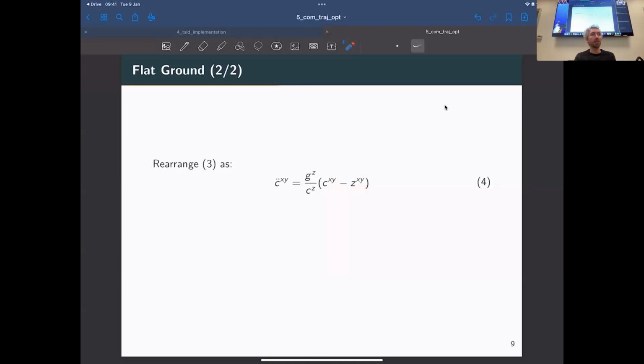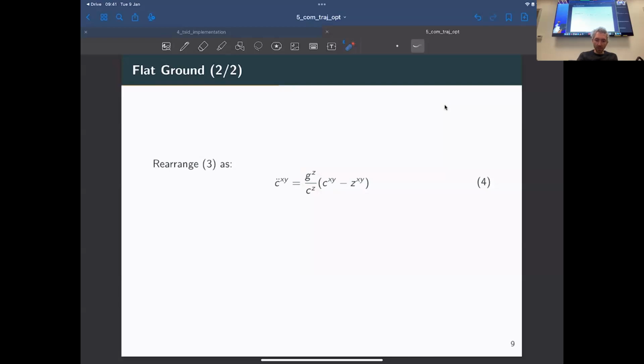So we have a linear dynamical system here, a second order linear dynamical system. This quantity over here is a constant because it's gravity, so 9.81. And this is the height of the center of mass, which we suppose to be fixed, so a constant.